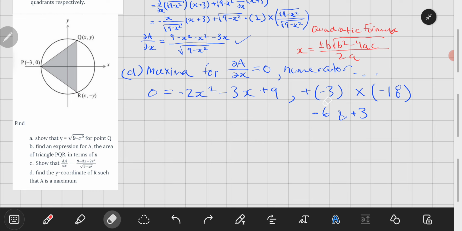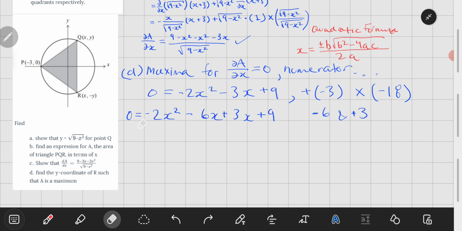They need to add to negative 3 and multiply to negative 18, which is a times c, negative 2 times 9. These two numbers could be negative 6 and 3, because the sum is negative 3 and the product is negative 18.